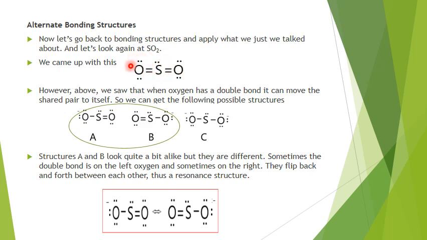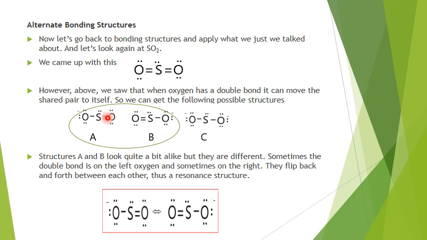You can get where this one comes out and has lone pairs out here, and you get this structure. You can have this one over here come out. Now you've got this. Or you can have both of these come out, and then you can have this over here. So it looks like we have 1, 2, 3, 4 possible structures. Now these two structures here, they flip back and forth between each other.